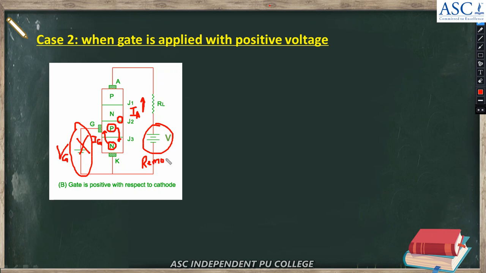When the voltage applied between anode and cathode is removed, then the conduction stops. This is the second case, when the gate is applied with positive voltage. These two cases are the working of SCR. Explanation of this is mentioned in the slide. Please go through the slide.